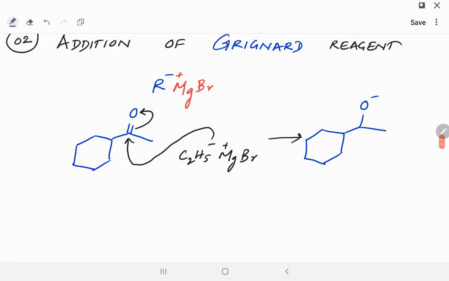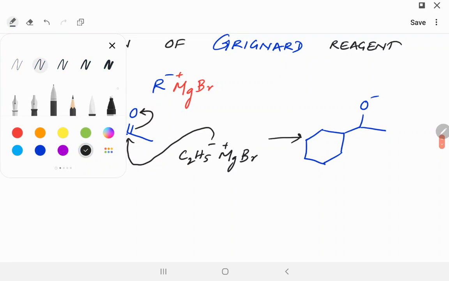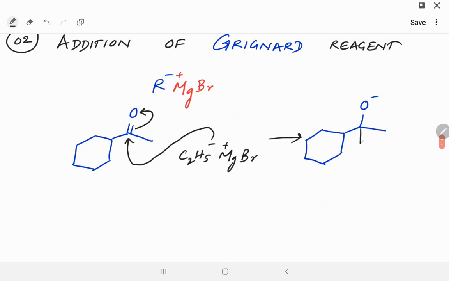Okay, all right, so here is the R group, a 2-carbon R group. Okay, and then what you do is you will treat it with a mild acid or water. Okay, you will treat this with a mild acid or water, and then what you get is an alcohol.